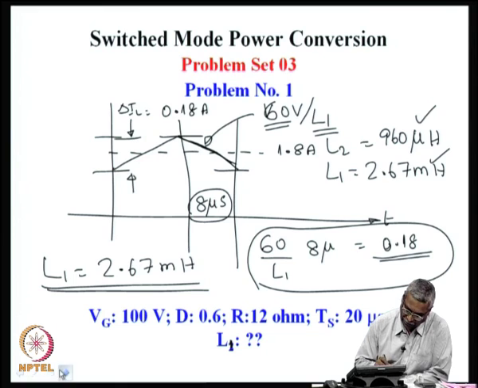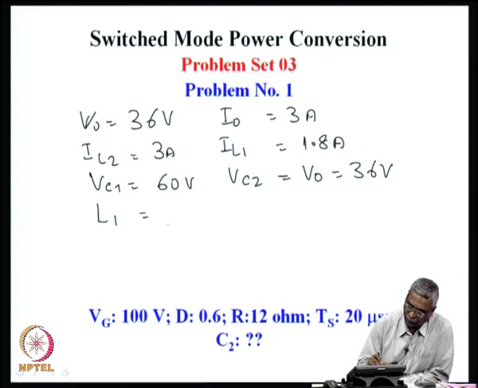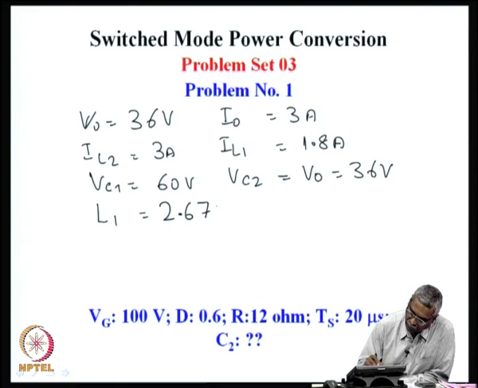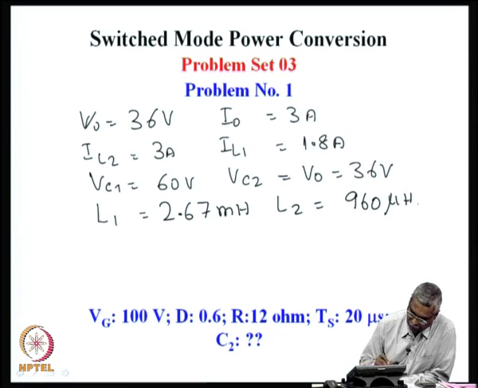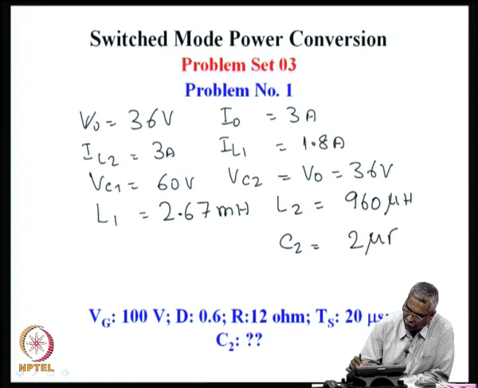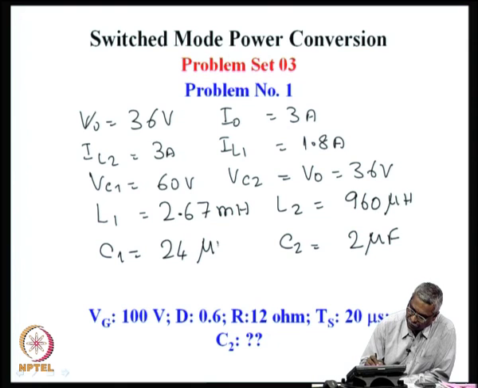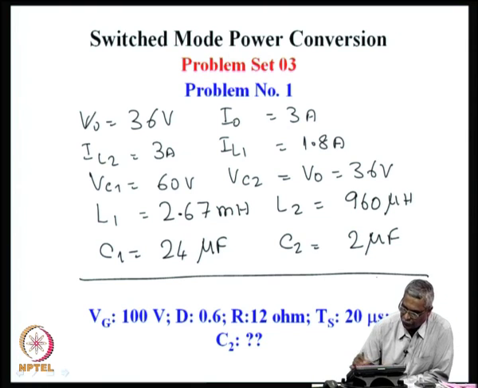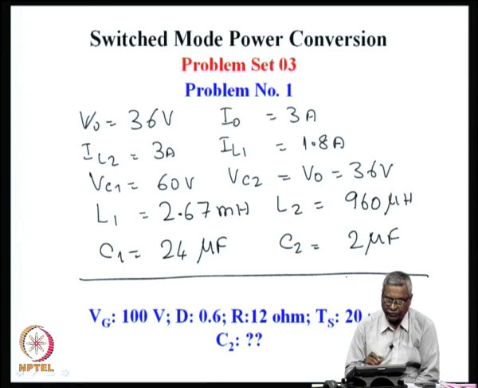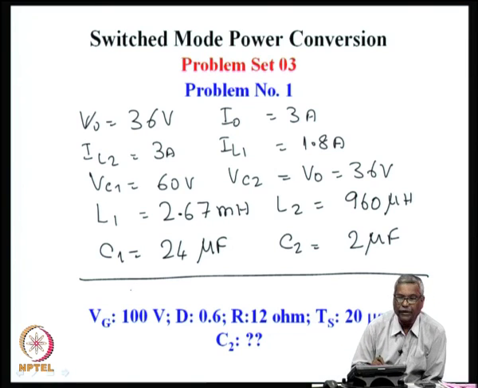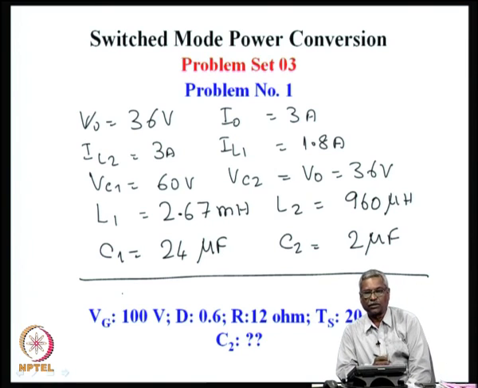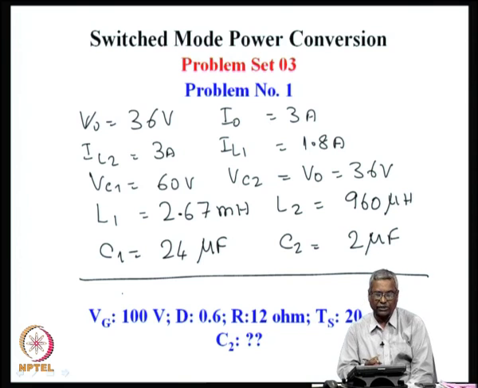L1 is 2.67 millihenry, and L2 is 960 microhenry, then C2 is 2 microfarad, and C1 is 24 microfarad. And this is with the condition that the current ripples are 10% and voltage ripples are 1%.